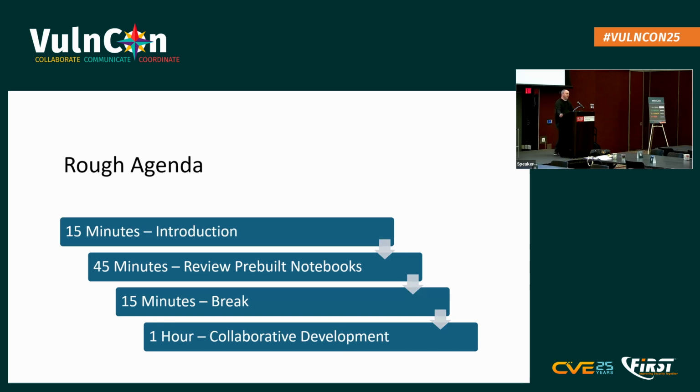So the rough agenda is they gave me a 2-hour slot when I asked for an hour slot. I have about a 15-minute slide presentation and then about 45 minutes of stuff we can work through in Jupyter Notebooks on my Binder.